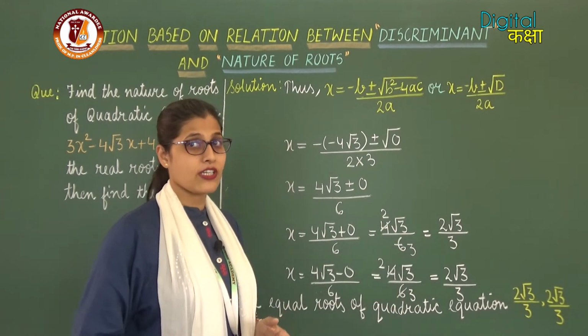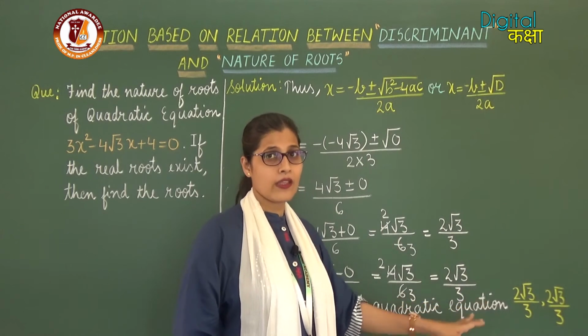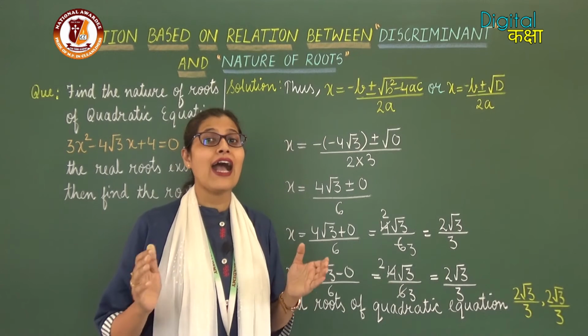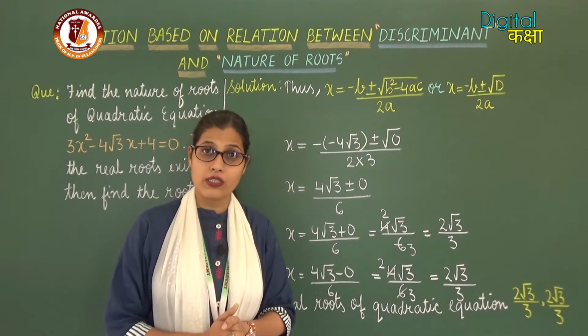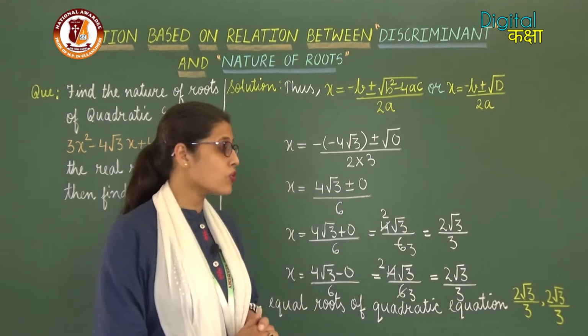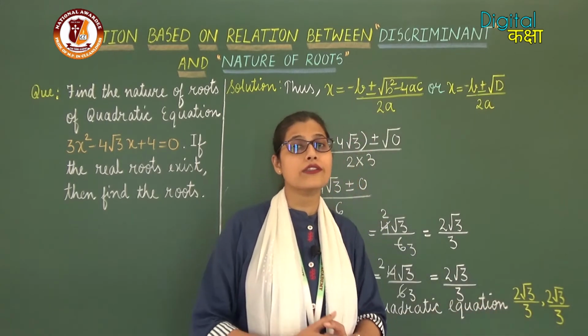On simplification again, we will be getting 2√3 / 3. That means that we are getting the real and equal roots for the given quadratic equation. So the roots are 2√3 / 3 and 2√3 / 3.